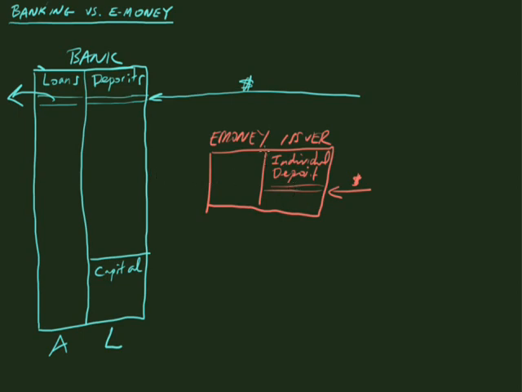The difference between the e-money issuer and the bank is not on the liability side, it's actually on the asset side, because the issuer is not now authorized to issue loans to just about anyone. Instead, there's only one thing they can do with this money, which is deposit it into a bank account through a pooled bank account.